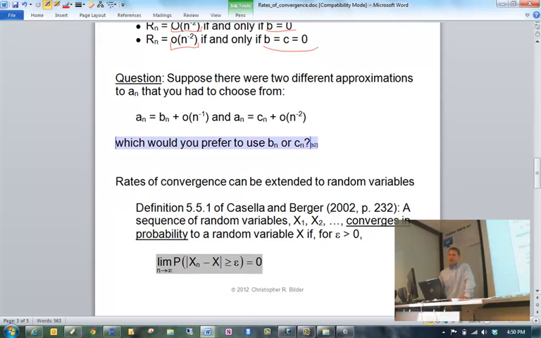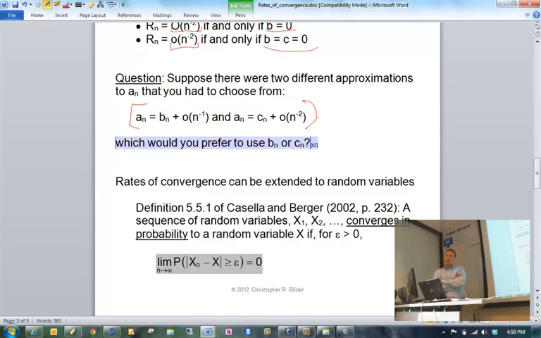Okay. So, one of the main reasons why we look at this kind of stuff for our class is to understand the answer to this question. Suppose you have two different approximations to a sub n that you could choose. a sub n is equal to b sub n plus a little o 1 over n, or a sub n is equal to c sub n plus little o 1 over n squared.